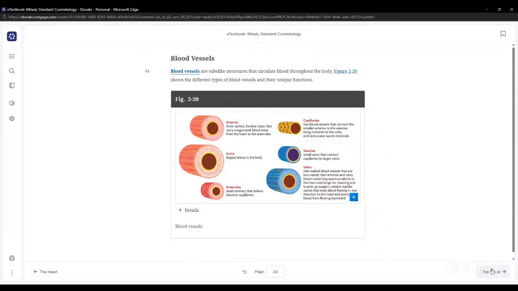Yeah, as we look at blood vessels, we have different types of blood vessels: aorta, arteries, capillaries, veins, things of that nature. Not a big emphasis on learning about all of them, but if your clients have high blood pressure, yes, you should be. If your clients have a lot of illnesses, yes, you should be learning about high blood pressure because it's the amount of blood that is pumped through these veins.